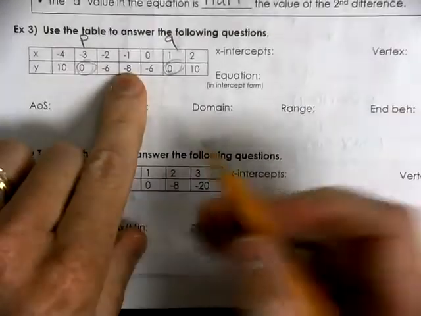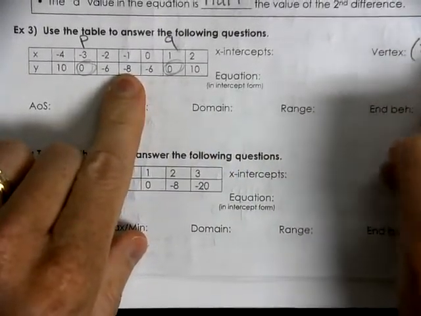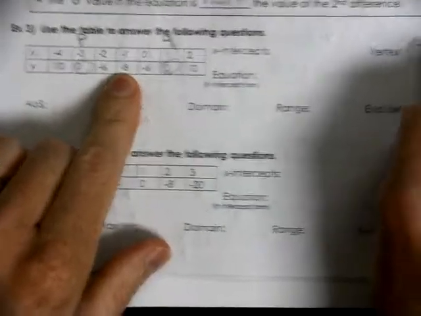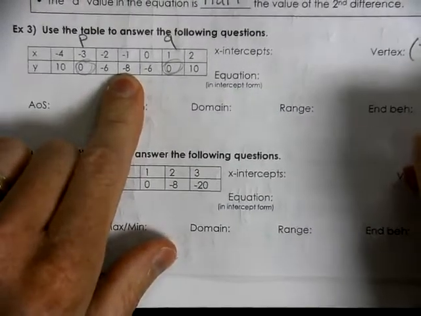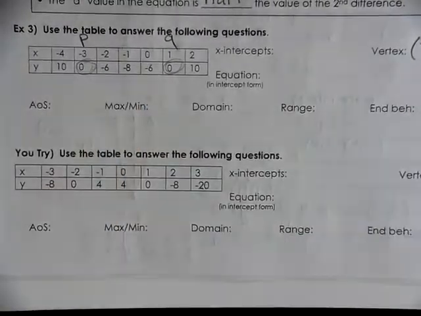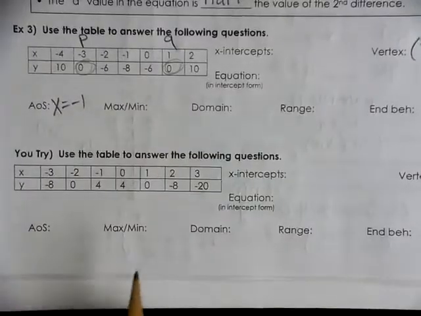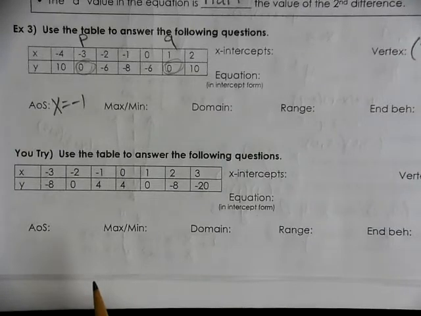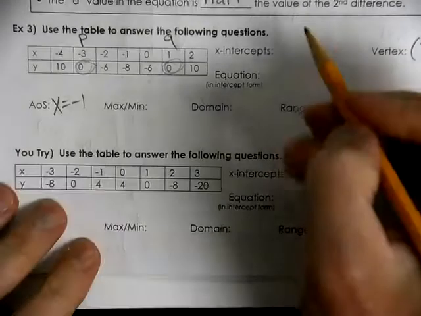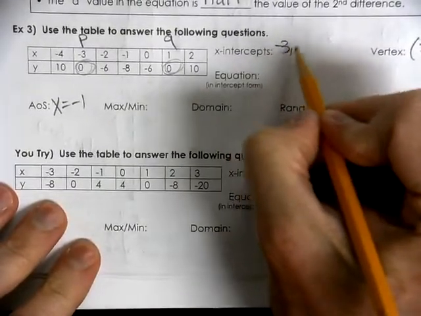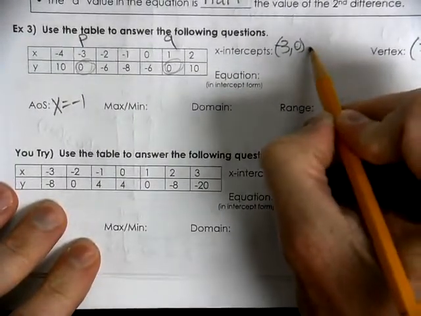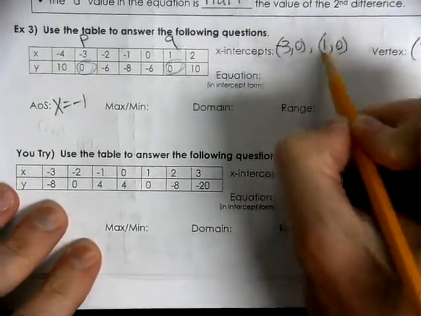Your vertex is right here in the middle, -1, -8. So your axis of symmetry has to be at -1. Your x-intercepts are going to be at (-3, 0) and (1, 0).